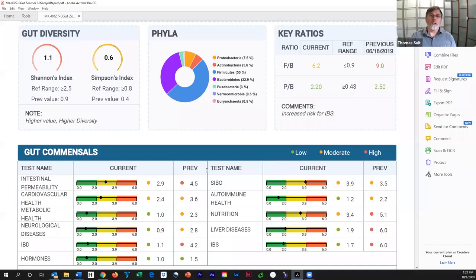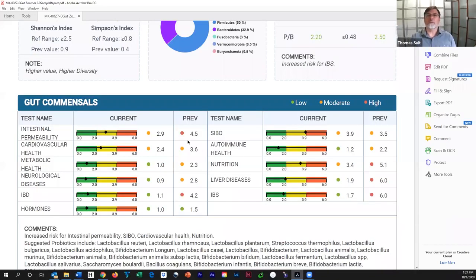We look at commensal bacteria and their relationship to specific disease states. Healthy gut bacteria, that's what commensal means, and its relation to intestinal permeability. The overall sense of it is that it's in the yellow, so you're at risk for intestinal permeability. I mentioned that 70% of your immune system lines your gut, and the immune system gets out of whack when the gut is permeable.